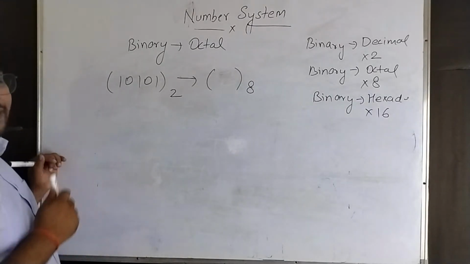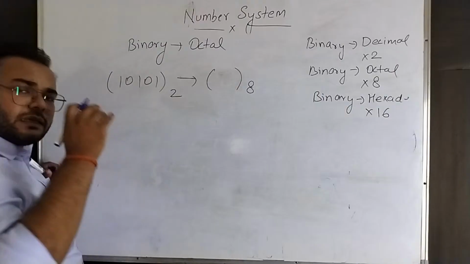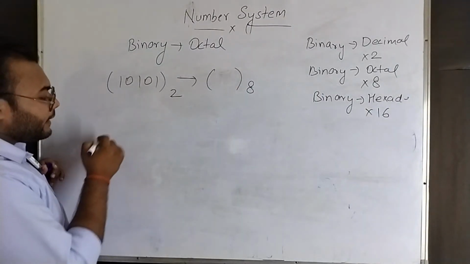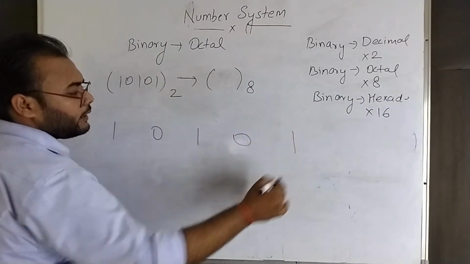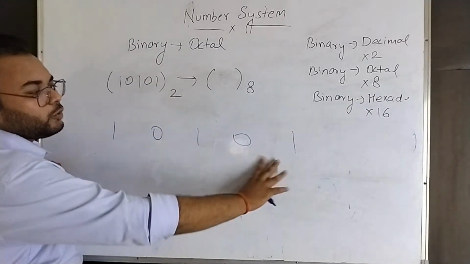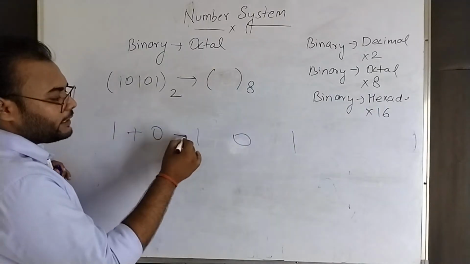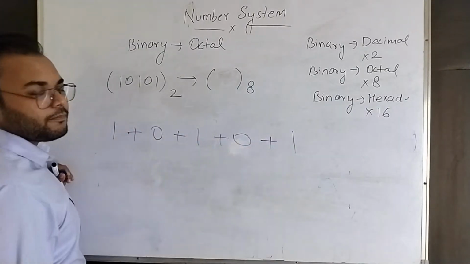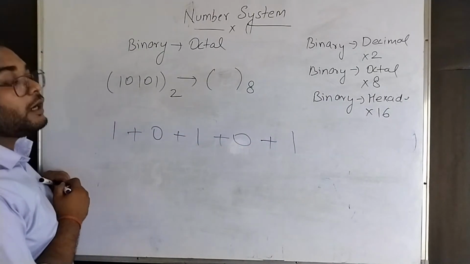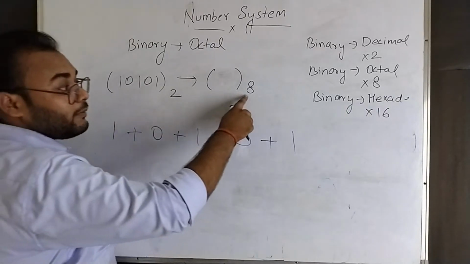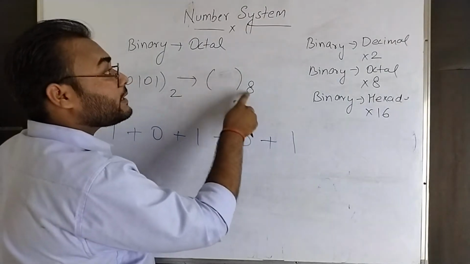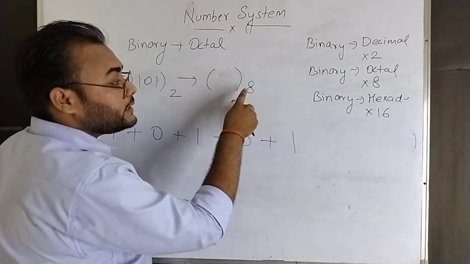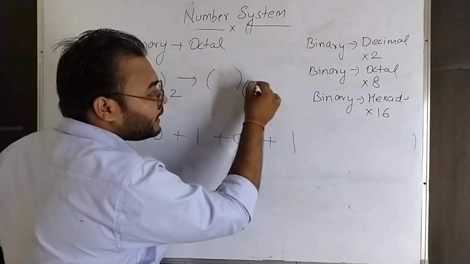Now see, क्या करेंगे यहाँ पे? अब हम करेंगे क्या? सेम प्रोसेस यूज करो. 1 0 1 0 1 इतना रहेगा. सब ने बोला था इसको ब्रेक करके दूर दूर लिख दो. फिर बीच में एडिशन का साइन लगा दो. सेकंड स्टेप. थर्ड स्टेप क्या होगा? सर ने बोला था कहां से करना है? बाइनरी से ऑक्टल में करना है. जब ऑक्टल में करना होगा तो आप चेक करो, it is base 8.